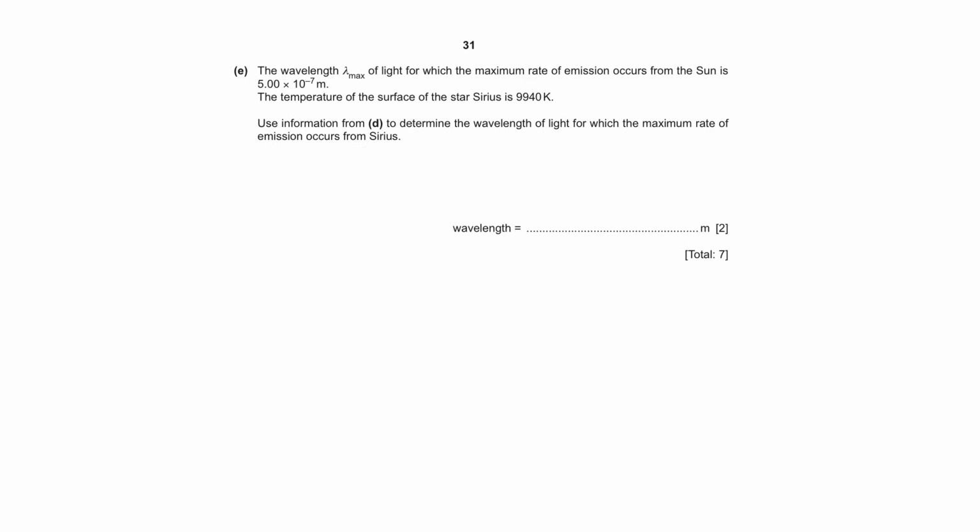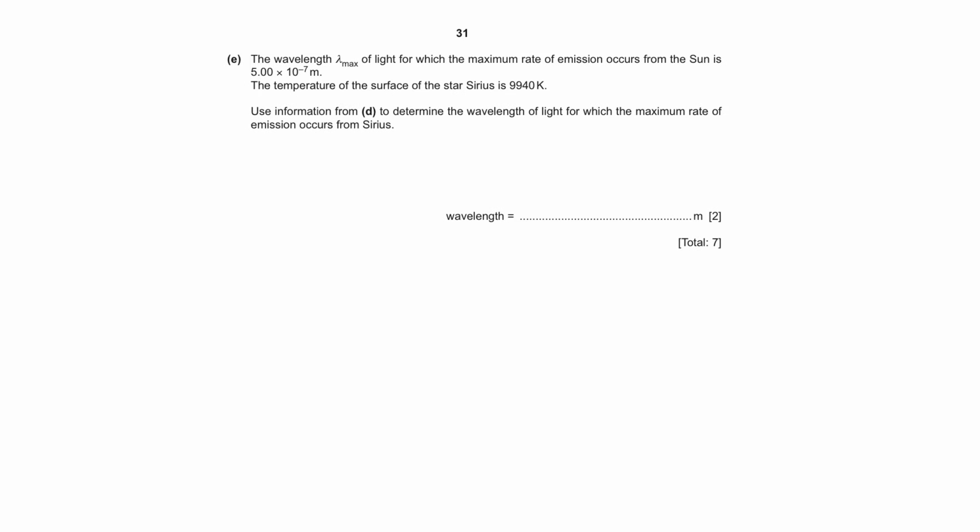Body of the question says the wavelength lambda max of light for which the maximum rate of emission occurs from the sun is 5 into 10 to the power minus 7 meters. The temperature of the surface of the star Sirius is 9940 kelvins. Use information from D to determine the wavelength of light for which the maximum rate of emission occurs for Sirius.